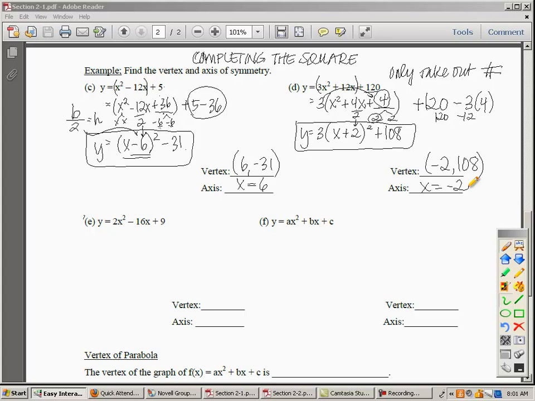We're going to try one more example, and then I'm going to give you the general form of it so you can kind of see what's going on. All right, take a look at E. Again, we're going to group the first two, and we're going to take a number out. So I'm going to take a 2 out. I'm left with x squared minus 8x plus something, and I've got this plus 9 at the back.